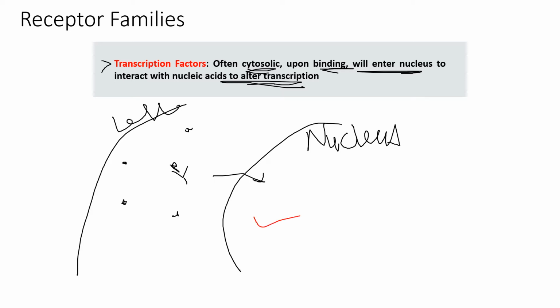and then if this is my very ugly piece of DNA, it will actually bind to a promoter or an effector region of DNA and directly influence the rate of transcription of a gene. And so this gene can be, say, a protein like a voltage-gated ion channel.